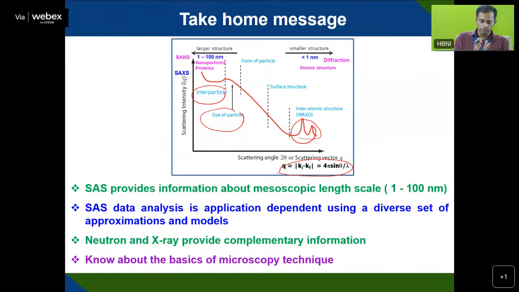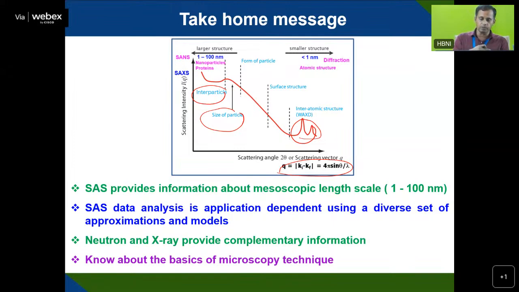You can see the form factor and the interparticle interaction. You can get shape and size information, the S(Q) factor and P(Q) factor, the form factor. So both particle information, interparticle interaction, and the size of the particles can be calculated from SANS and SAXS data.